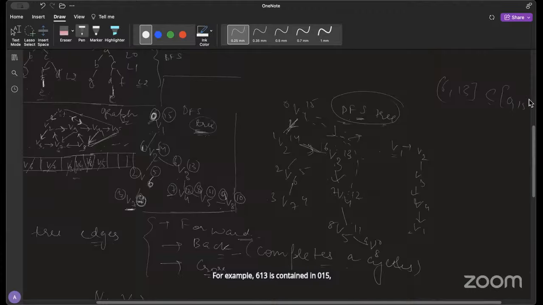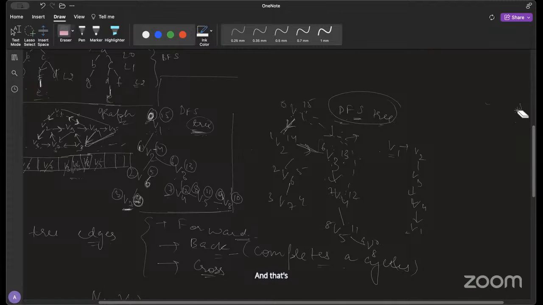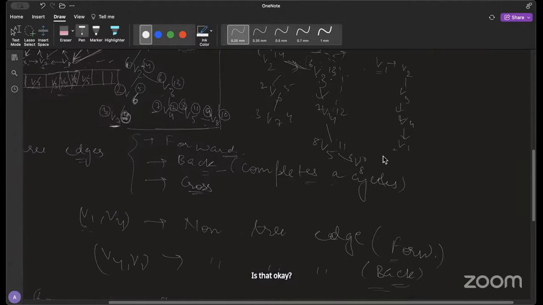That means you started with this vertex first, and then you came to this vertex, got done with this vertex first, and then got done with this vertex. That's why this interval contains this interval, and that's why you have a forward edge from here to here. Is that okay? Yeah.